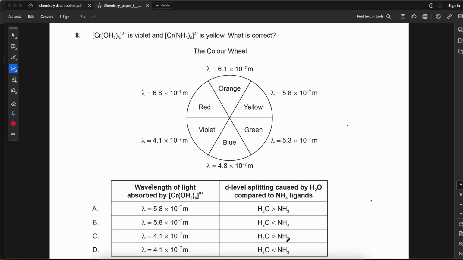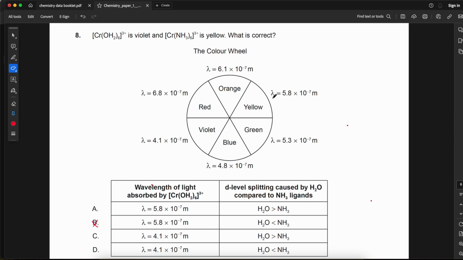Okay, number 8. Cr(OH2)6 3 plus is violet and Cr(NH3)6 3 plus is yellow. What is correct? The answer is B. Okay, as Cr(OH2)6 3 plus appears to be violet, yellow light with this wavelength is absorbed.